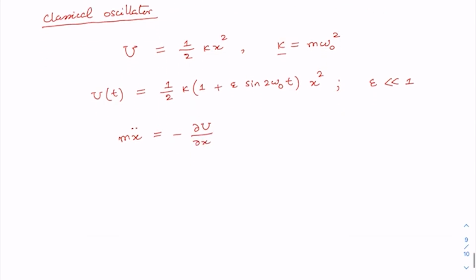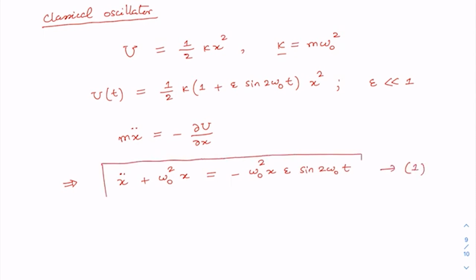This will give us the equation of motion for the modulated harmonic oscillator. That would be x double dot plus omega 0 square x is equal to minus omega 0 square x epsilon sine twice omega 0 t. Let me say this is equation number 1. We are going to use it.